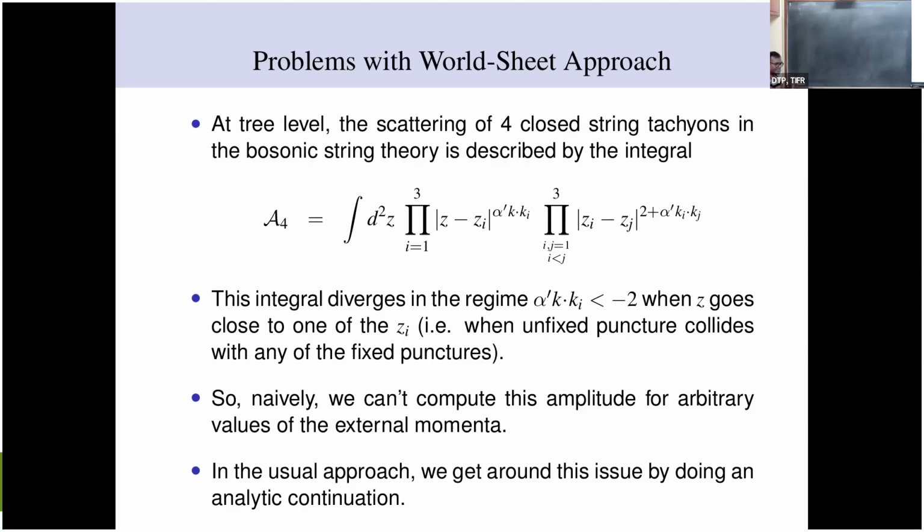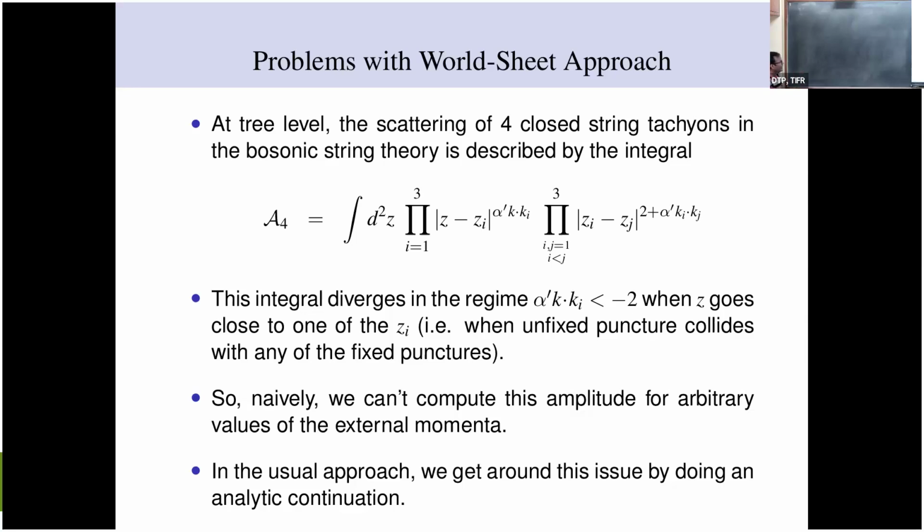Three of these you can fix using the SL(2,C) symmetry of the Riemann sphere, and the location of one of the punctures is not fixed. So here you have an integration over that location. The k_i represent the momenta of these string states.